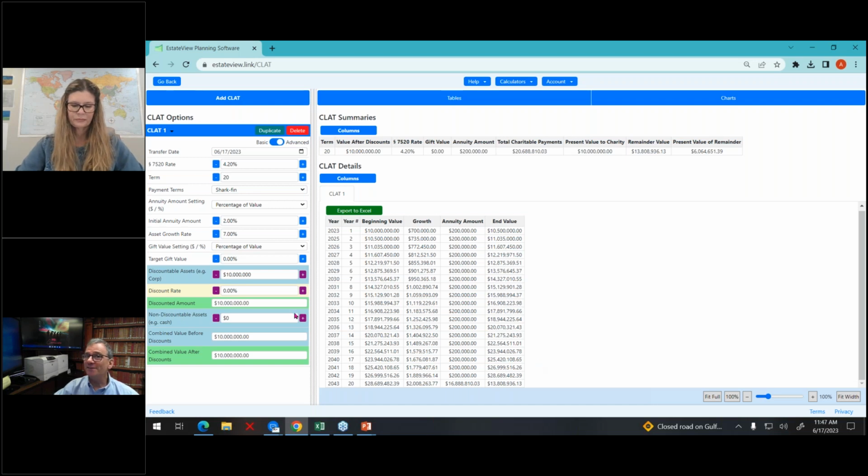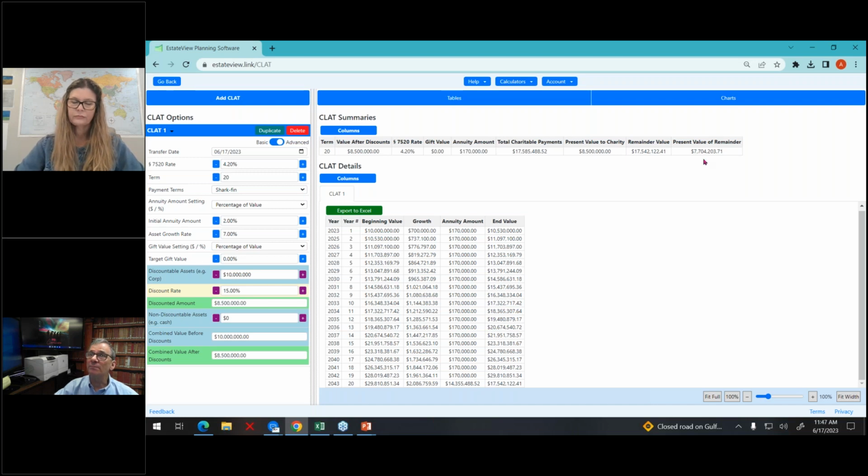And then, wait, it gets better. What if I put $10 million in an LLC and I donate 99% non-voting member interest to the clat? What is the discount I could take? Let's just say I take a 15% discount. Now the clat payments are lower, and the charity is going to get a present value of $8.5 million.